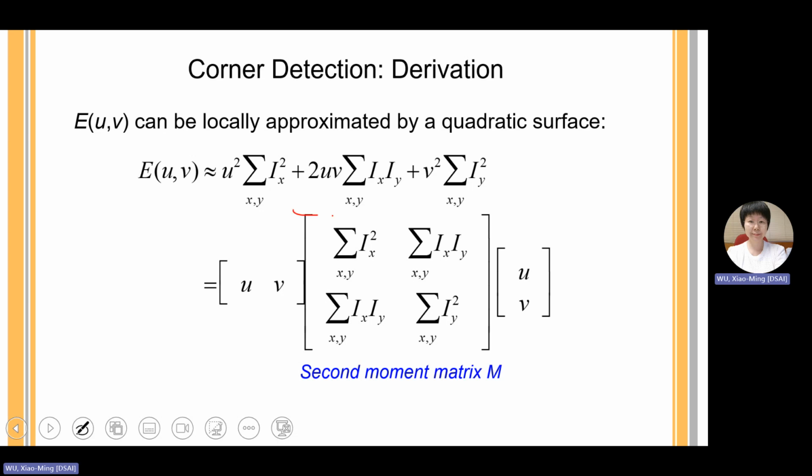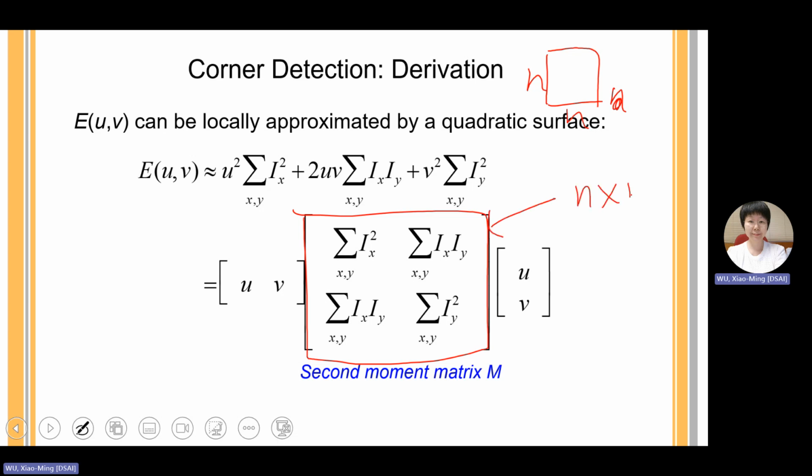Well, let me ask you a question. What's the dimension of this matrix? Suppose we have an n by n window. The window size is n by n. So what is the dimension of this matrix?